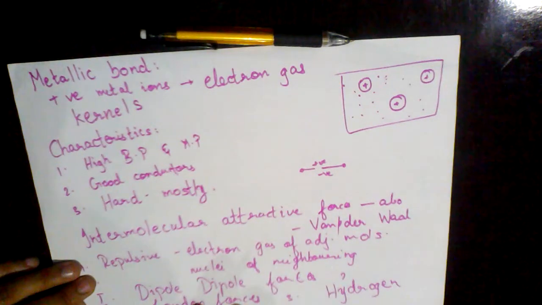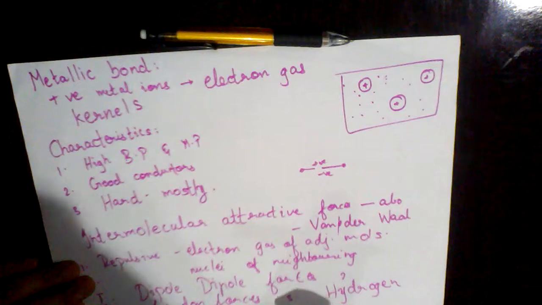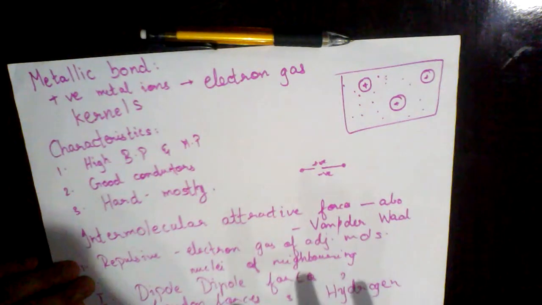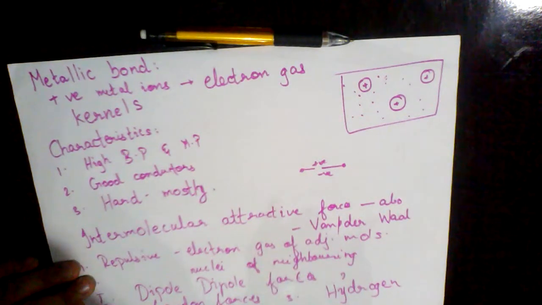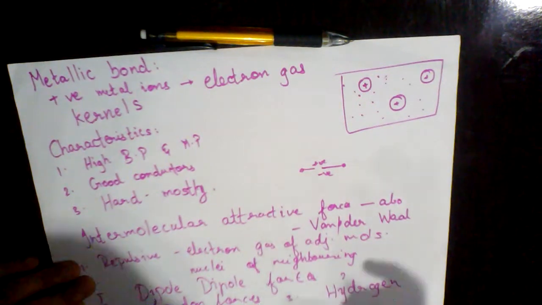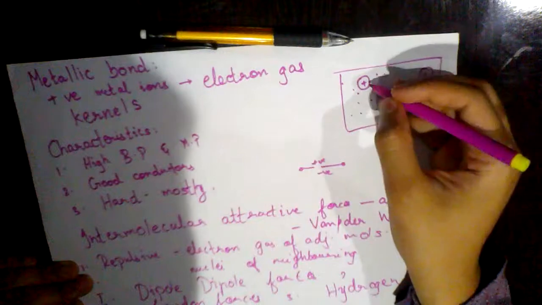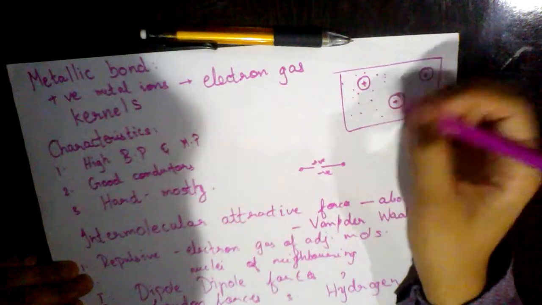Now the London forces. What are London forces? Basically, London forces are weak forces between molecules resulting from the small instantaneous dipole that occurs because of varying positions of electrons during their motion about the nucleus. As you know, the electrons keep on moving.